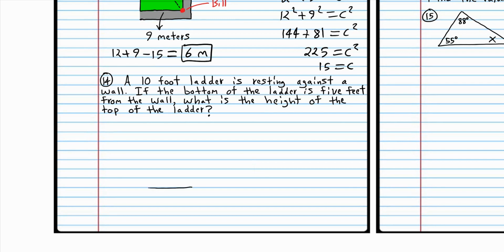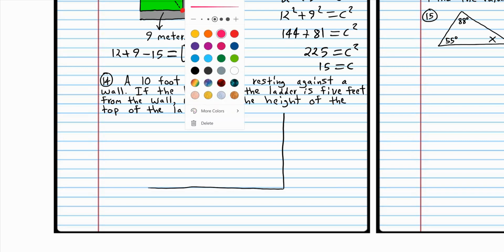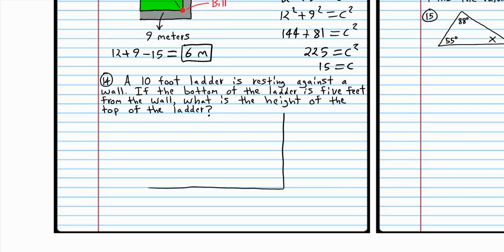So you have the ground, and then you have a big wall, and you have a ladder. I'm going to make the ladder yellow. So here's your ladder. The ladder is 10 feet long, and it's 5 feet from the wall. So it might look like that.